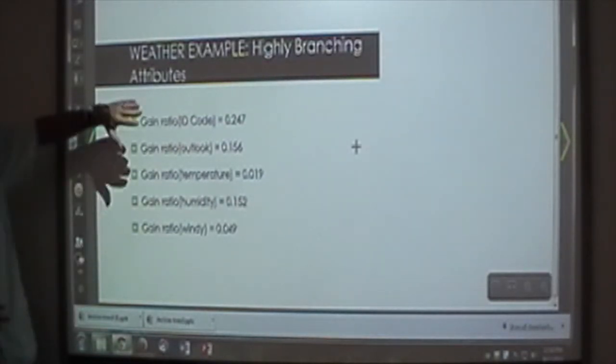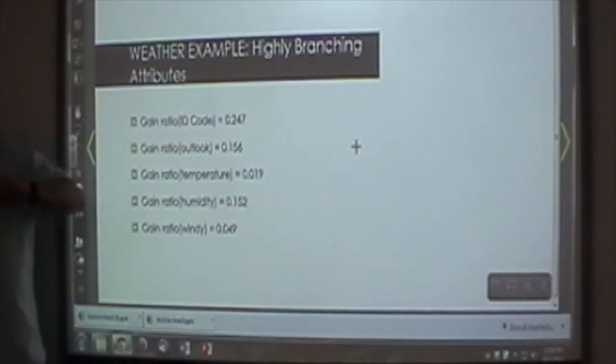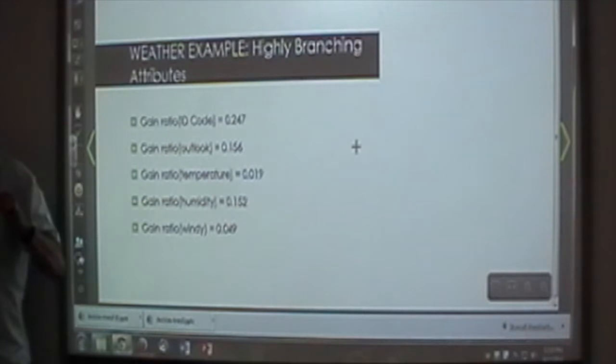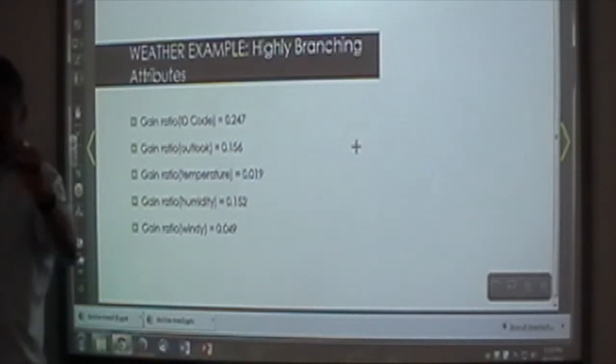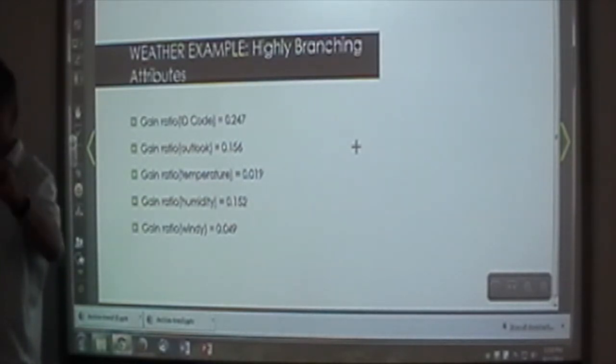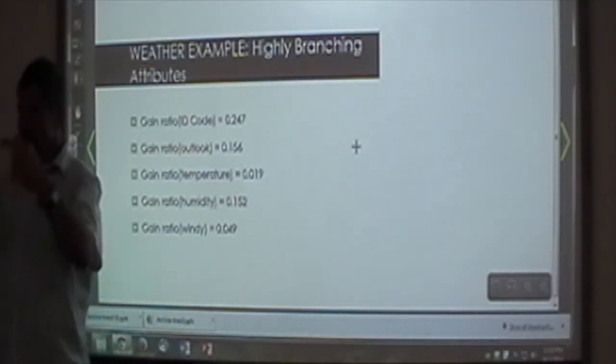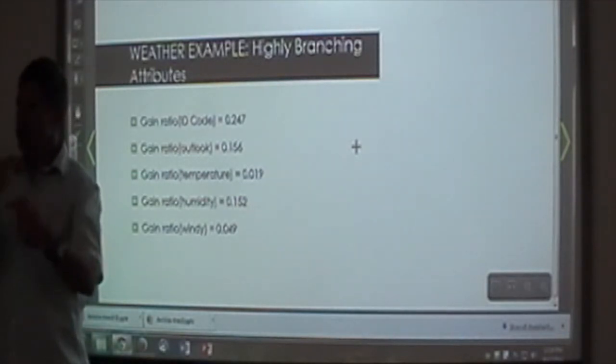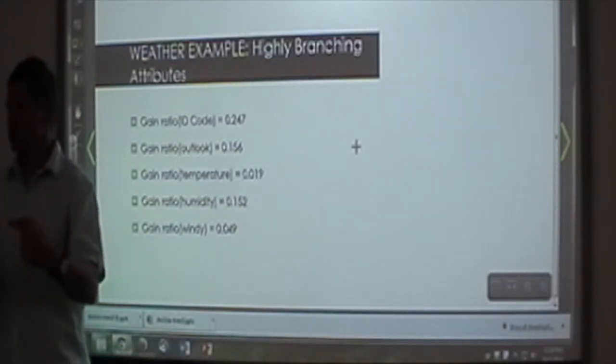So forgetting the ID code, now suppose we did split over the outlook. Now you have 3 branches, right? You've got 3 classes, the sunny, overcast, and rainy. Now, I mentioned at the beginning, last class, you're now going to do this process recursively.